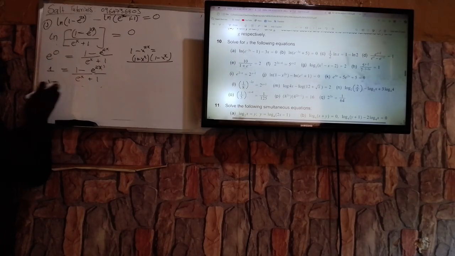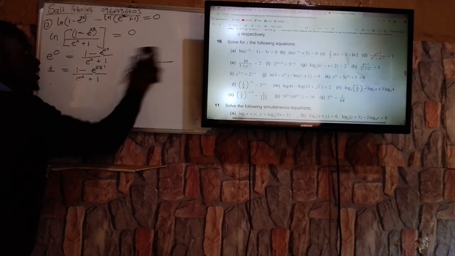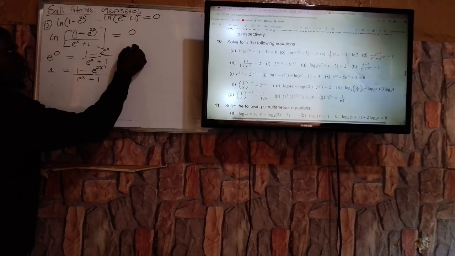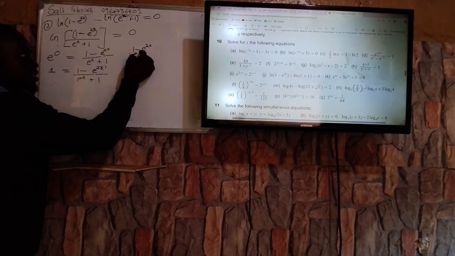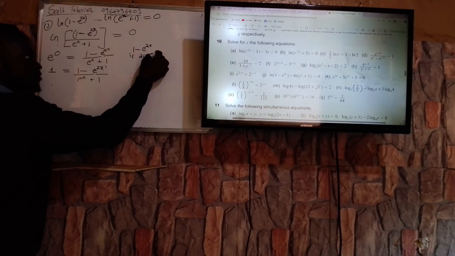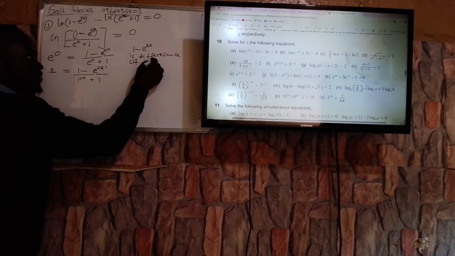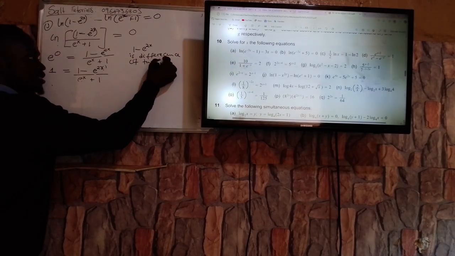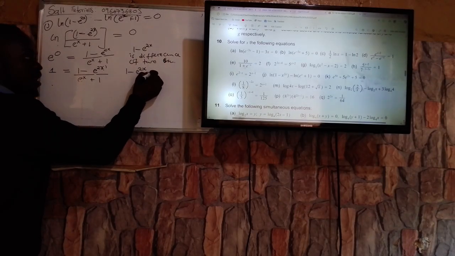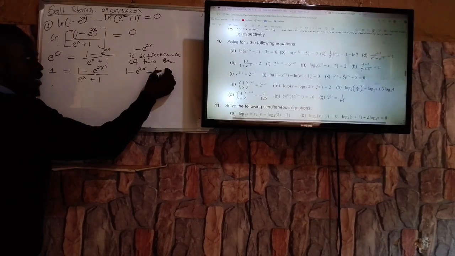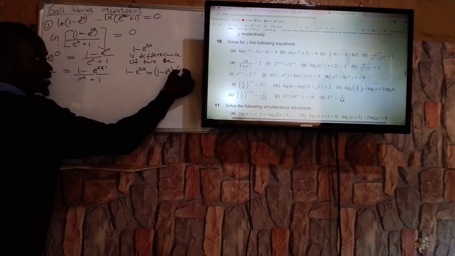For the fact that I have something in this format, we have to recall that 1 minus e power 2x is a difference of two squares. So if it is a difference of two squares, what happens? 1 minus e power 2x is the same as 1 minus e power x and 1 plus e power x.